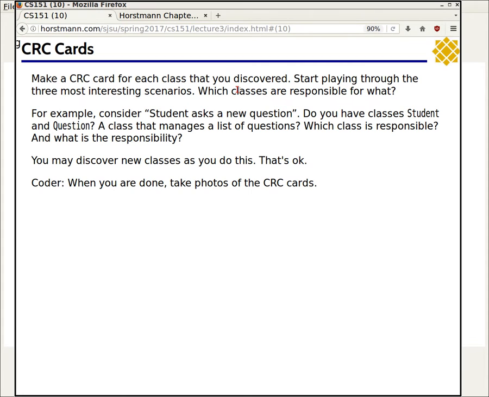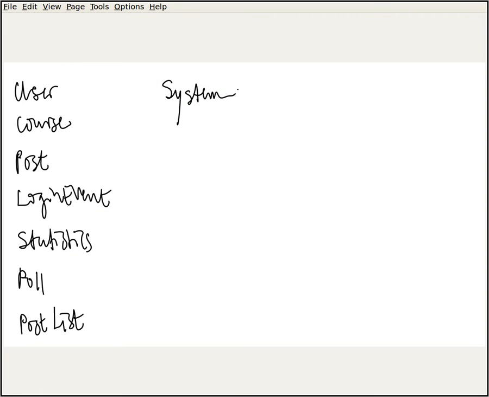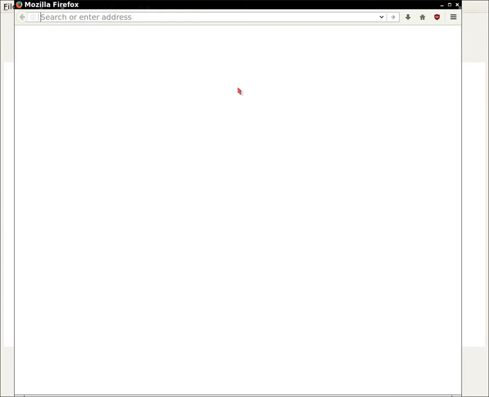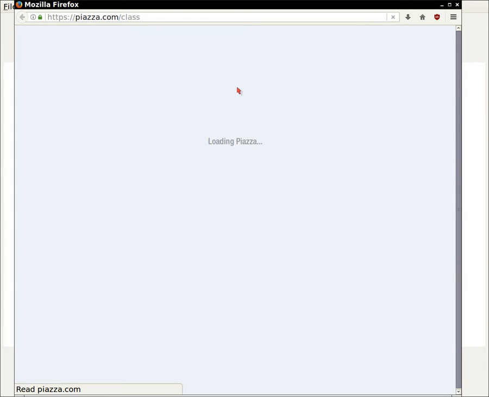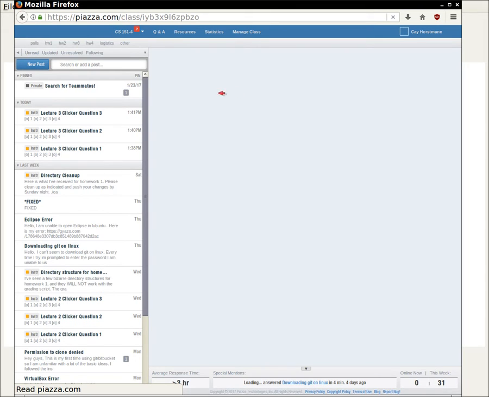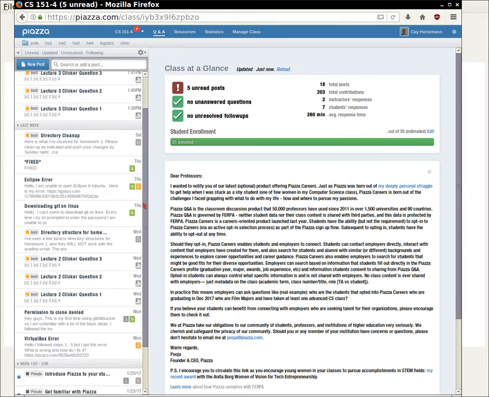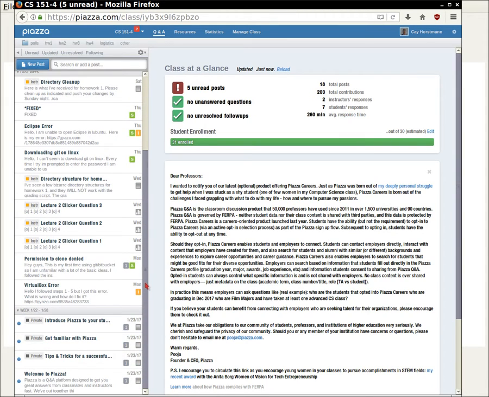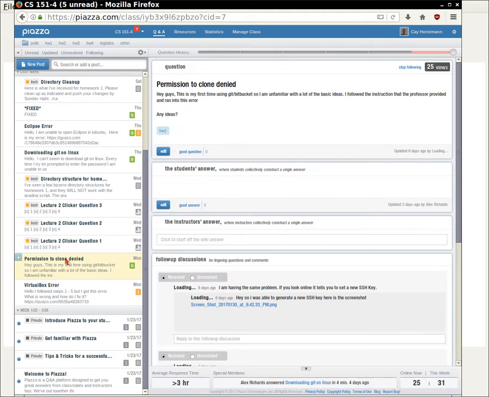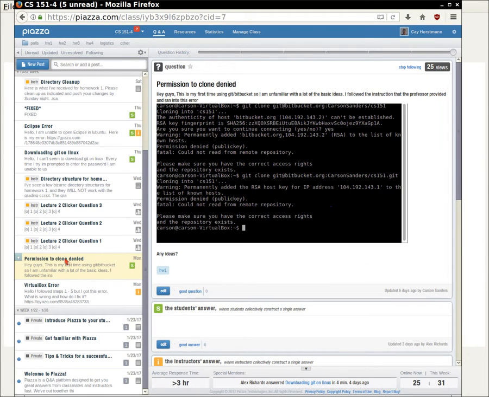If you look at how Piazza is normally used, and maybe we haven't used it very much like that yet. The normal way is not for clicker questions, but someone said permission to clone denied, right?